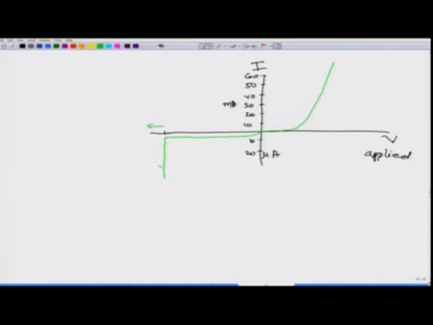So, the current increases in that reverse direction and that becomes a really high current. So, what is this phenomenon? This phenomenon is known as breakdown. And this voltage at which this happens is known as breakdown voltage.